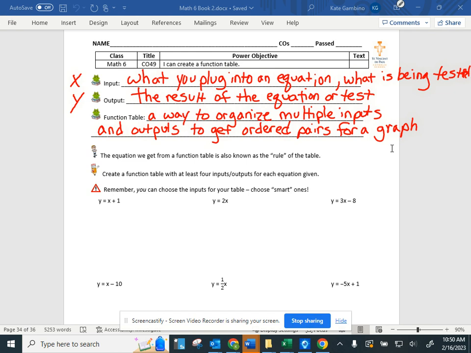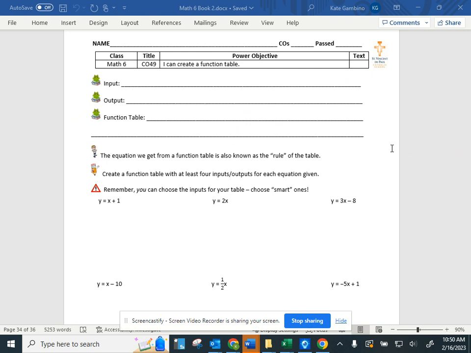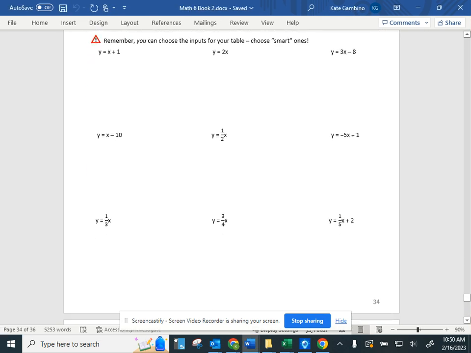So I'm going to scroll up so we can see what that means. We're going to create a couple of function tables together using the rules that were given. So let's start with this first one. We always have our input and then our output. The input is our x, I said, and the output is the y.